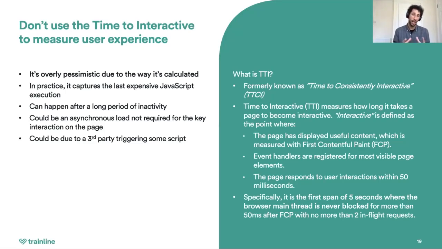I like the original name of that metric, which was time to consistently interactive, which is basically that moment where your website is interactive and nothing else happens. Like literally, it's idle.